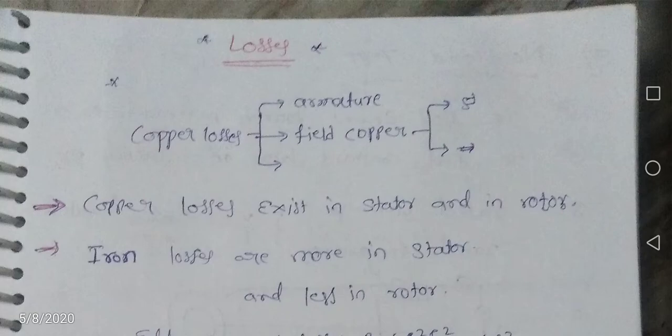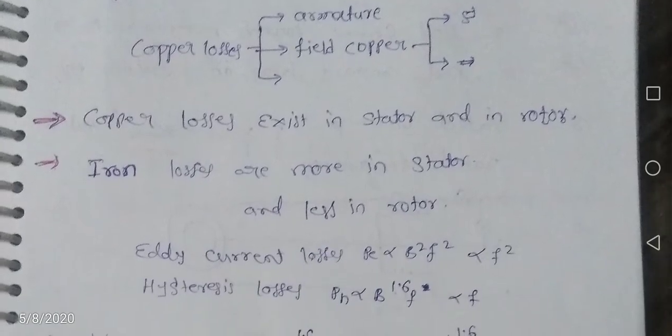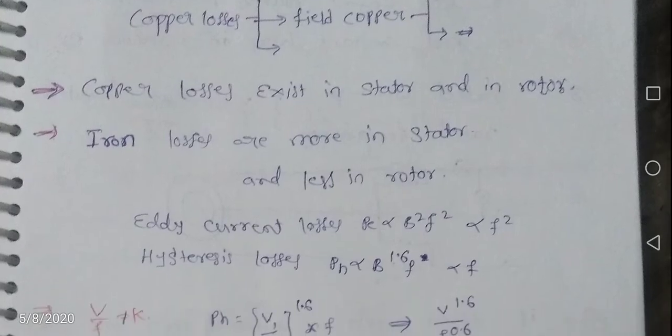Copper losses are there in the rotor. So copper loss is very dominant in the rotor. Copper loss exists in the stator and in the rotor, but iron loss is more in the stator and less in the rotor.